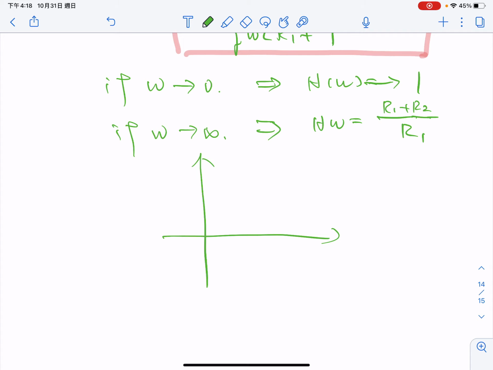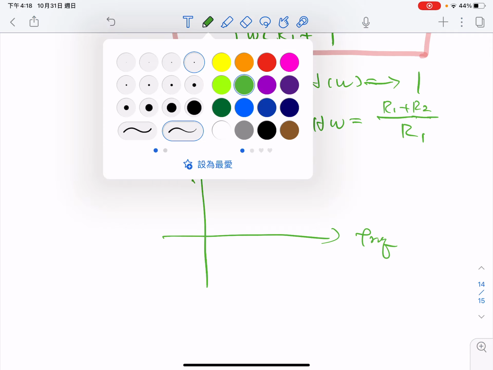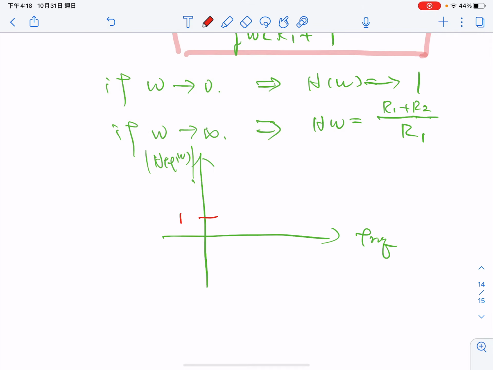But not the traditional high pass filter we refer to. So this is frequency, and this is H of j omega. In the low frequency, it's 1, right? But in high frequency, it is R1 plus R2 over R1.